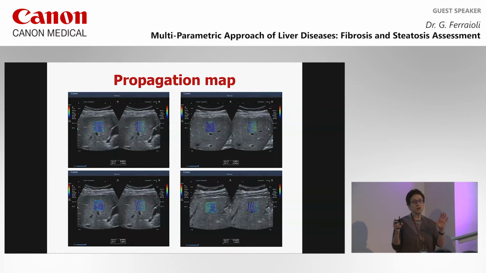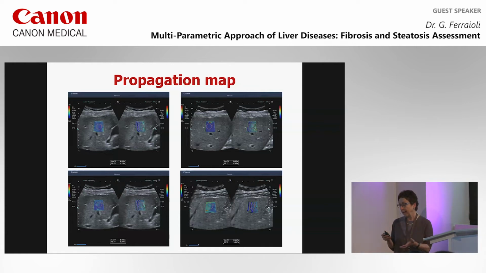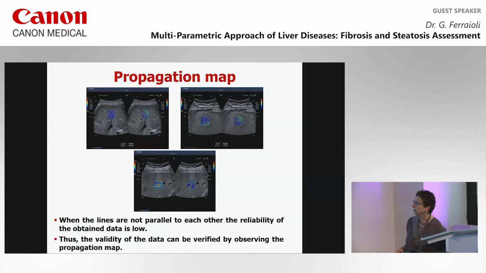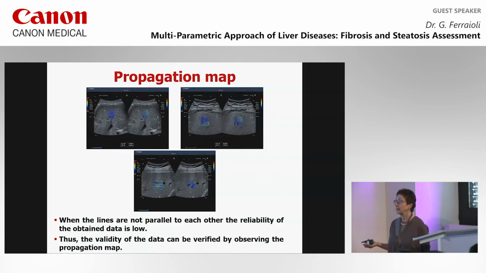So using only the color inside the sample box is not enough to choose a reliable area where the measurement should be performed. When the lines are not parallel, the reliability of the data is low.